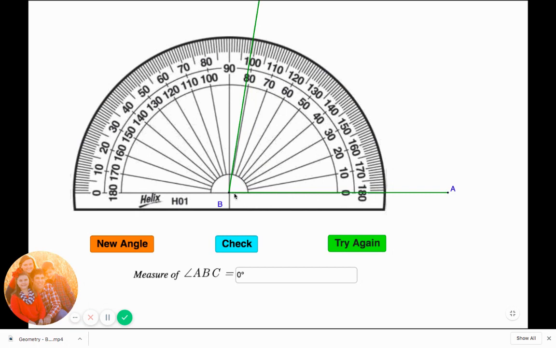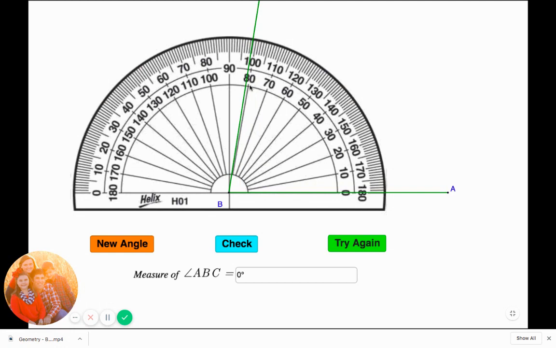Because this initial side, AB, is running through this 0, I'm using these bottom numbers. So this is 0, 10, 20, 30, 40, 50, 60, 70, 80, and now I go up to my marks here.